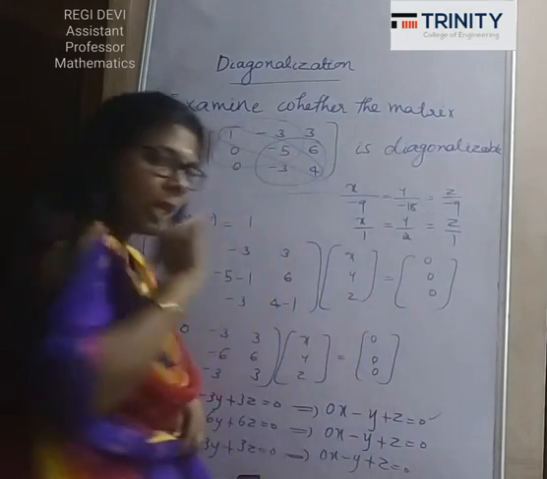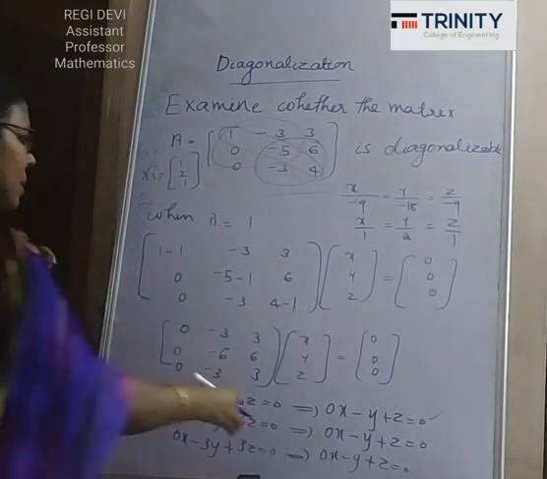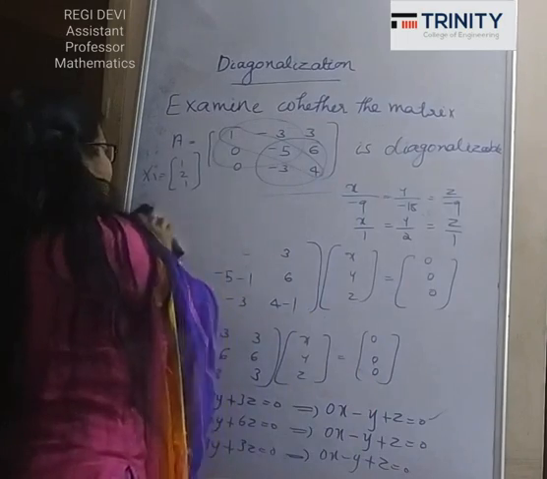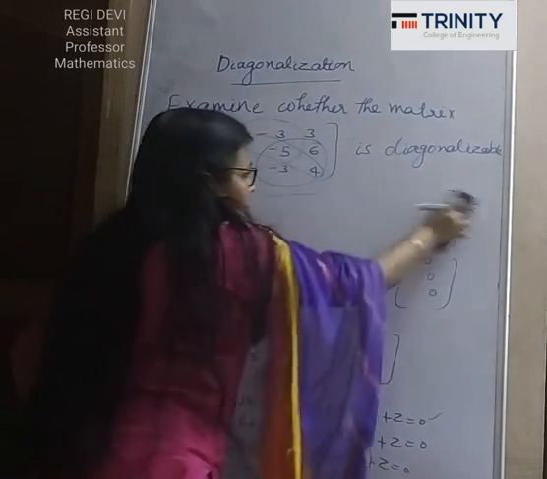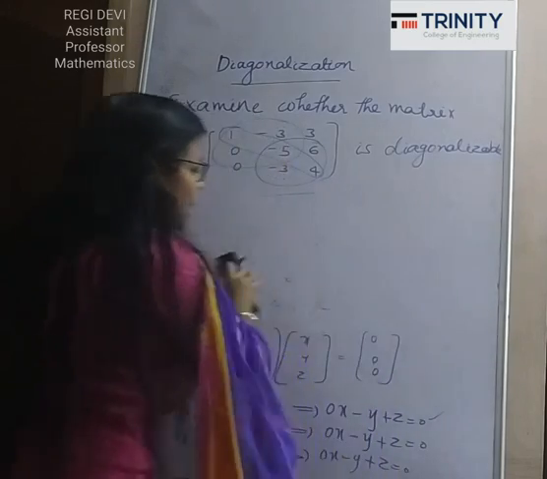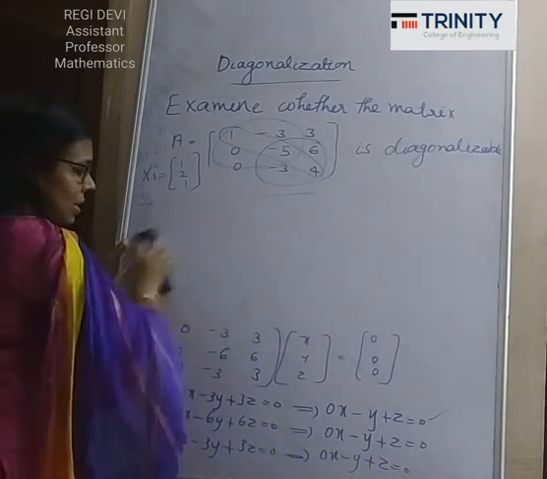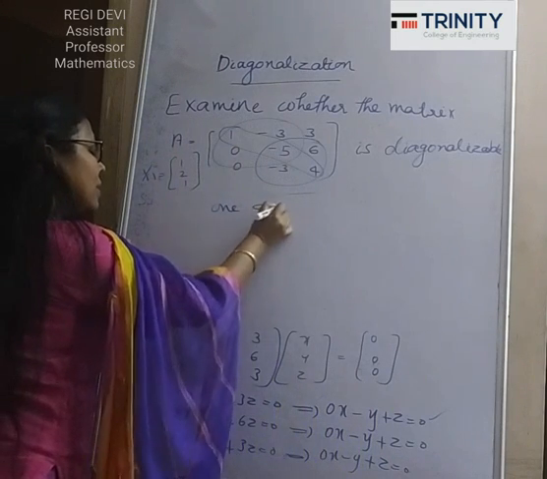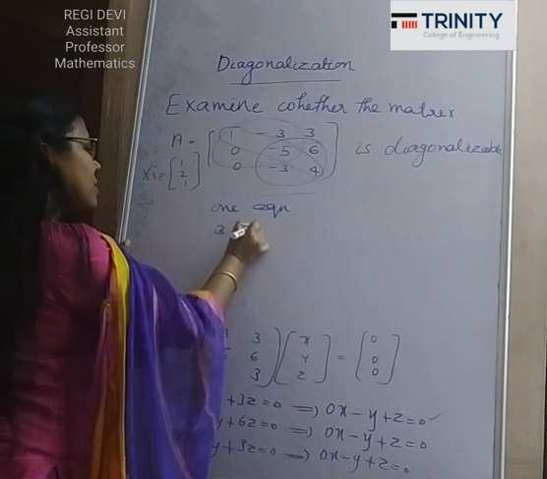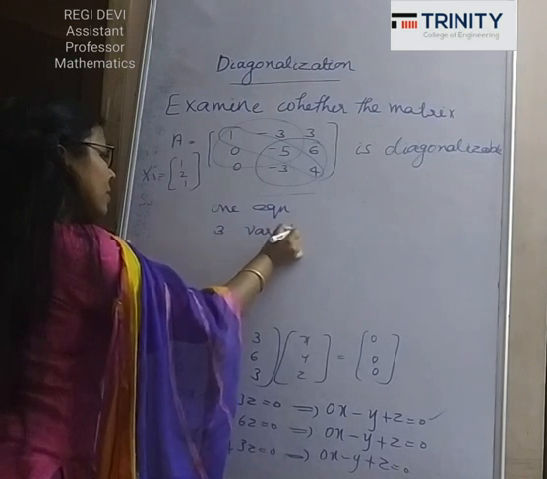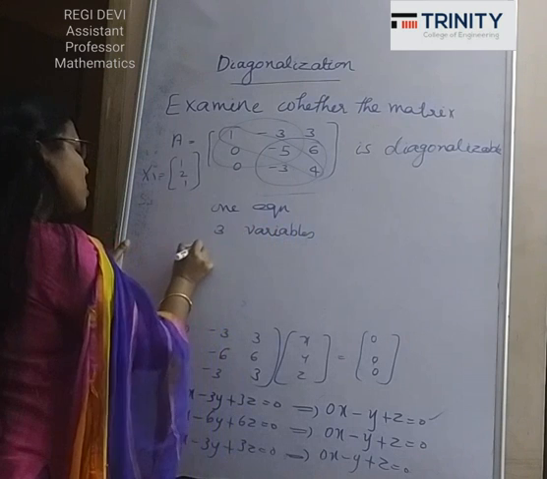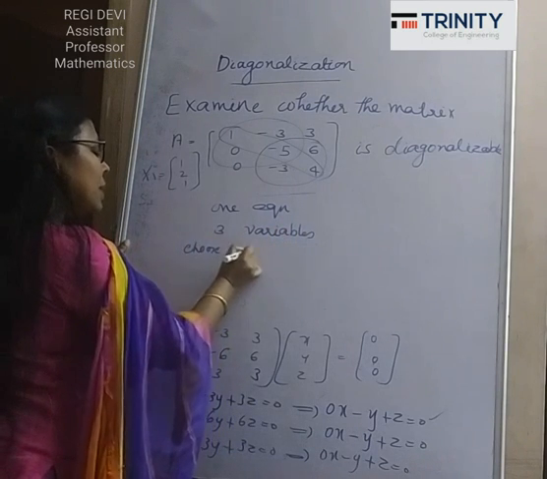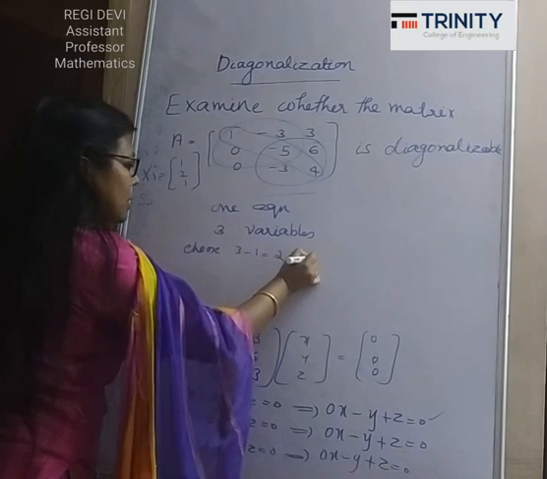We get only one equation but three variables. Therefore, we have to choose 3 minus 1 equal to 2 variables.